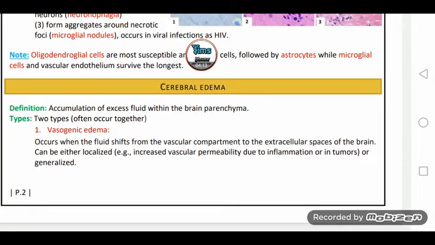Whenever there is more fluid trapped around the brain than usual, this is what we call edema. So edema is an accumulation of excess fluid within the brain parenchyma. Okay? We have two types of edema that often occur together.